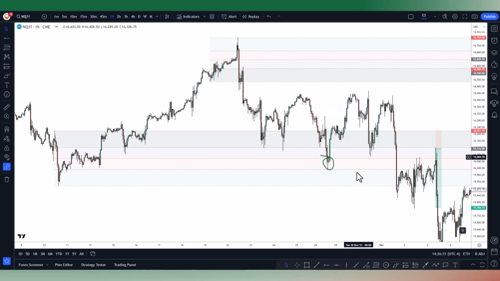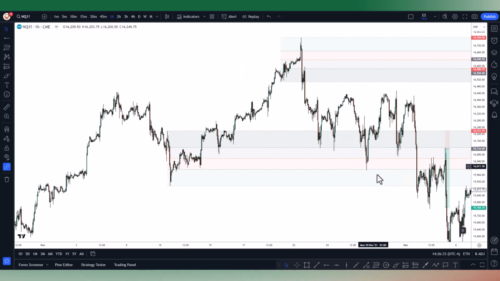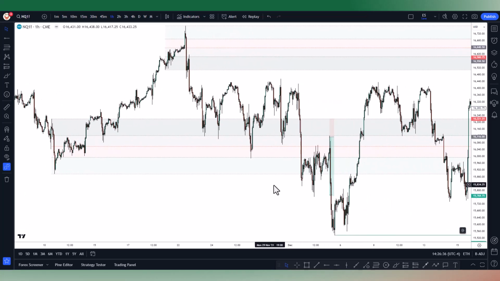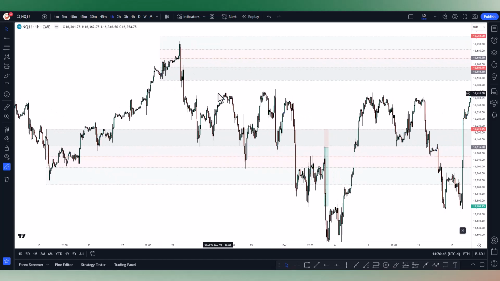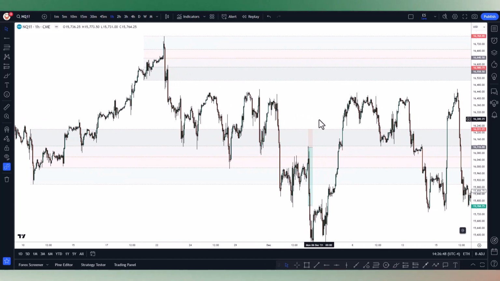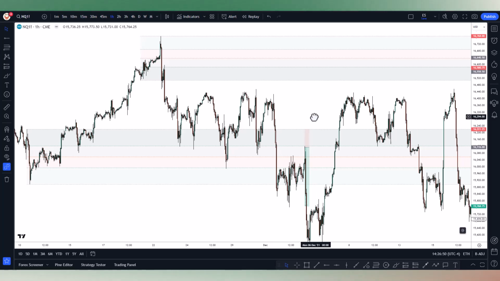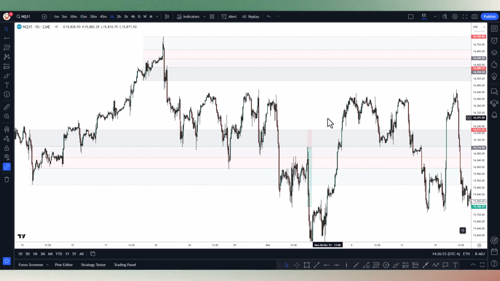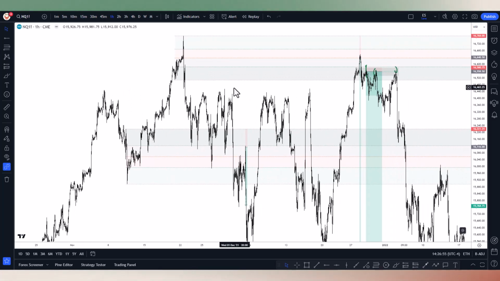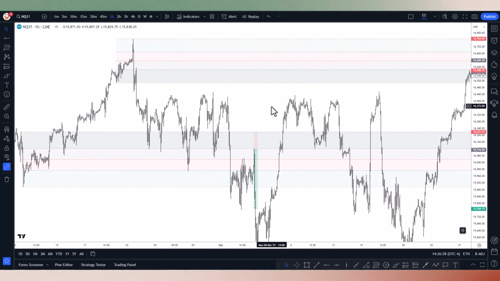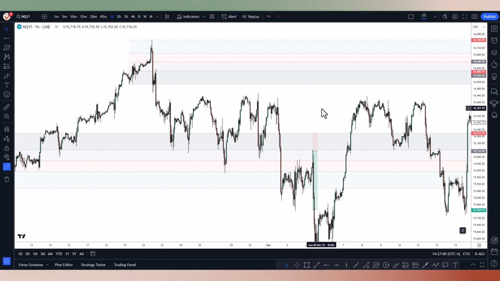Okay, and remember, you don't need to overcomplicate your trading plan. Everything is simple if you know what you're doing. You just need patience. Sometimes you need to zoom out and see what's happening in the market structure in the higher time frames, so you can align yourself with the right bias.